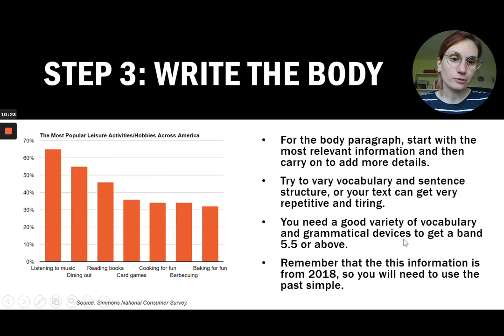You would need a good variety of vocabulary and grammatical devices to get a band 5.5 or above, because otherwise they consider that you don't know the vocabulary or you don't know the grammar, because otherwise you would be using it. So you get a lower score.